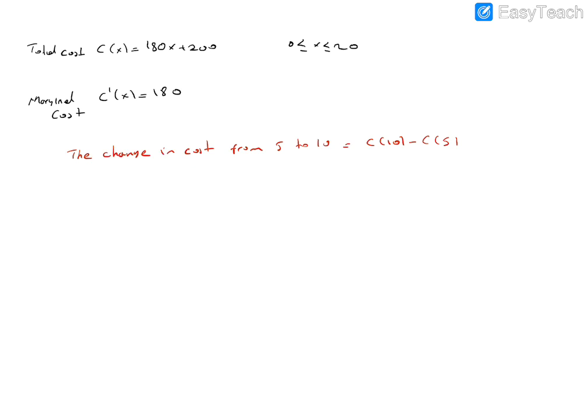So this difference gives us the change in the cost. Directly you can calculate by using this function: 118 times 10 plus 200 minus 118 times 5 plus 200, the 200 cancels, so 118 times 5, so this is $900.